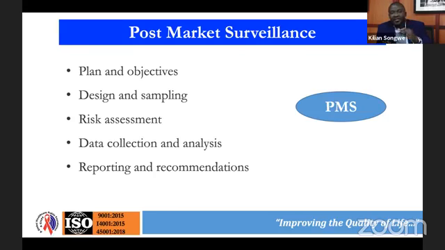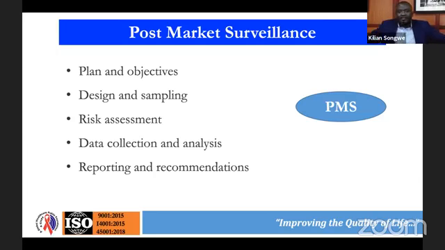And also, we need to be mindful about how we design the post-market surveillance and how we're going to do the sampling. Because if you're going to do a post-market surveillance, for example, for laboratory reagents in general, we need to design a mechanism that takes care of the different factors that affect testing and supplies. Some of these factors can include geographical locations.